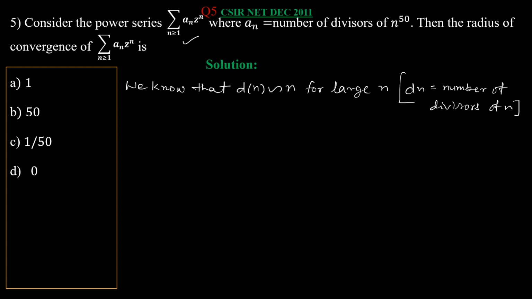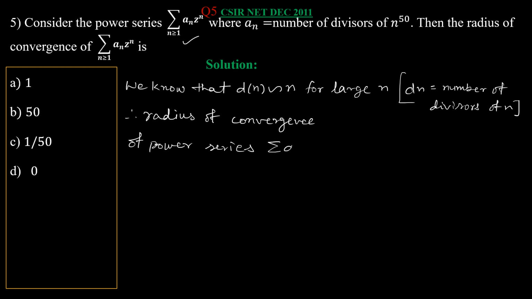Now if we talk about the radius of convergence of the power series summation d(n) to the power 50 z to the power n, n greater than or equal to 1, it will be the same as the radius of convergence of the summation n to the power 50 z to the power n for n greater than or equal to 1.